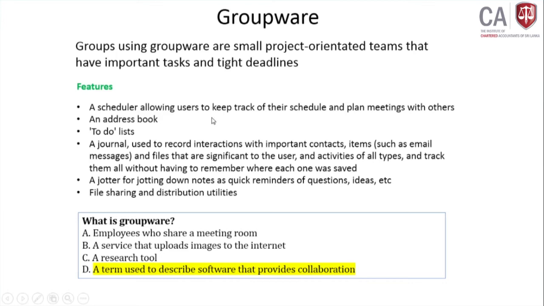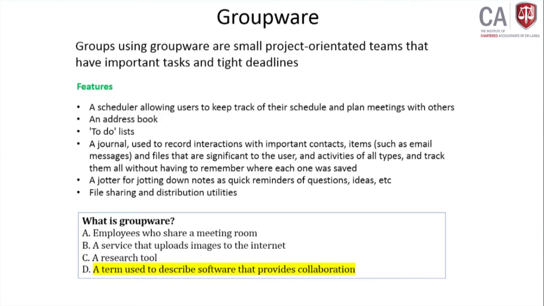Scheduler allows users to keep track of their schedule and plans, meetings with others, and address book, to-do list, journal. Those are called file sharing and distribution utilities. Those are called collaborative software. Groupware is a term used to describe software that provides collaboration. See collaboration.